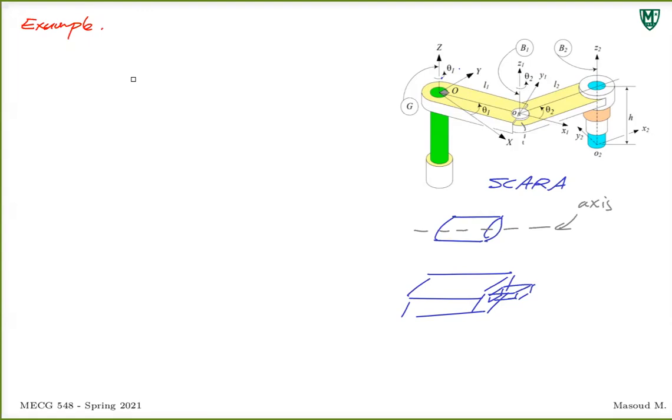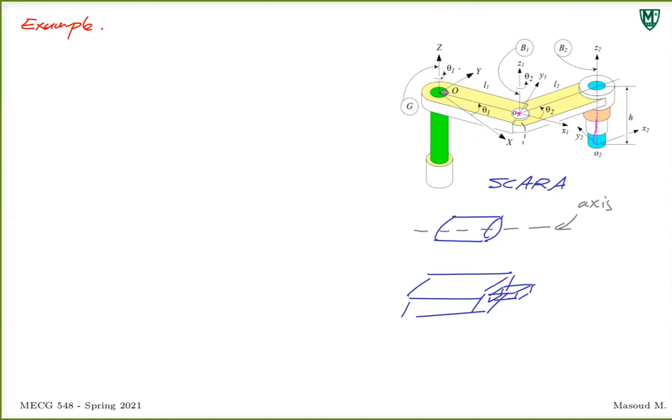Somebody figured it out and put the axes there, x, y, z, x1, y1, z1 for each, one coordinate frame on each joint. Somebody put x, y, z on the first joint, x1, y1, z1 on the second joint, which is a revolute, and x2, y2, z2 on the third joint, which is a prismatic joint.